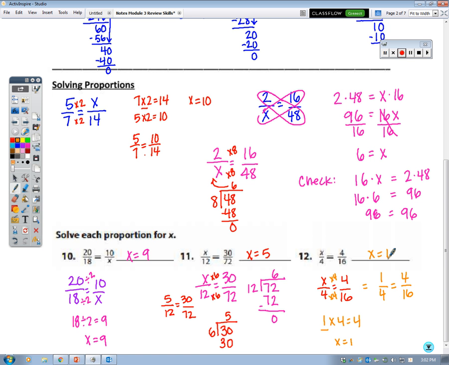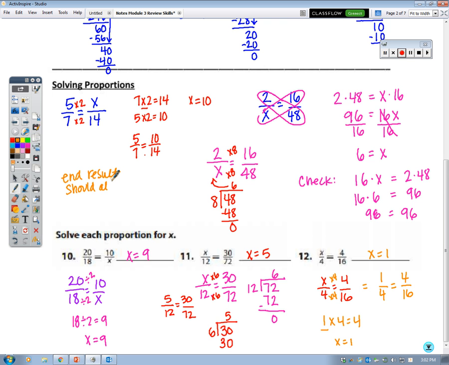The end product of all of these, the end result, when you are solving proportions, should be equivalent ratios. Should always be equivalent ratios.